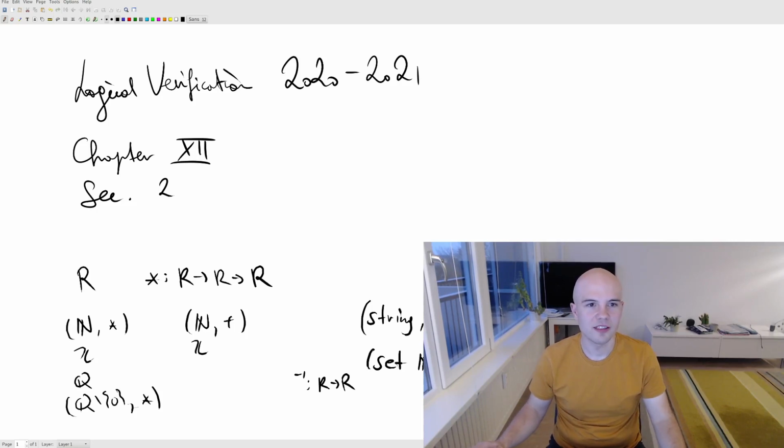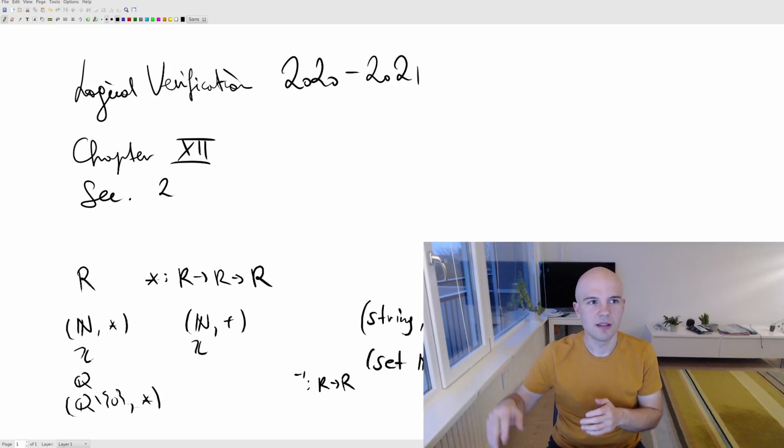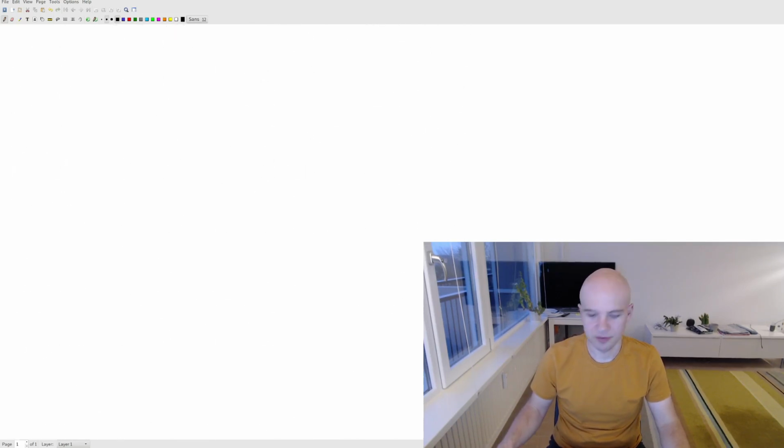So in the last video, we've seen lots of structures like semigroups, monoids, groups that have a type with one binary operation and maybe some additional elements of the type like 1 or 0 and so on. However, many structures have two such binary operations.